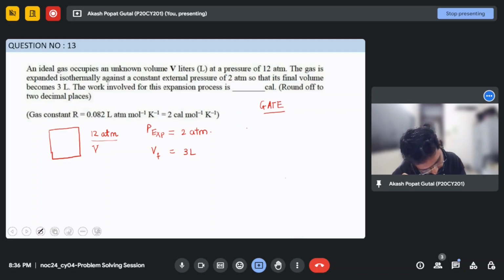Fine. Yeah. So we have P1 is 12 atm, and P external is 2 atm.